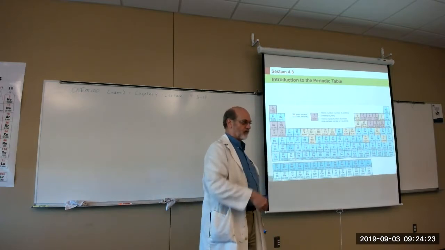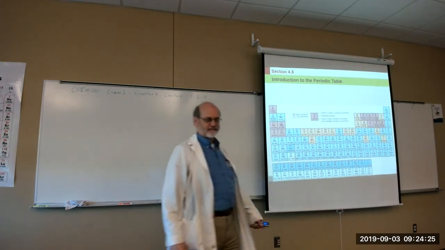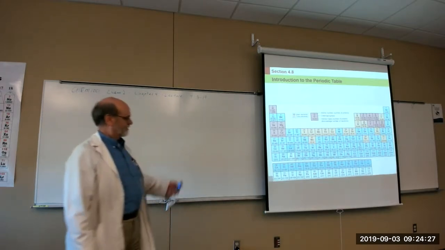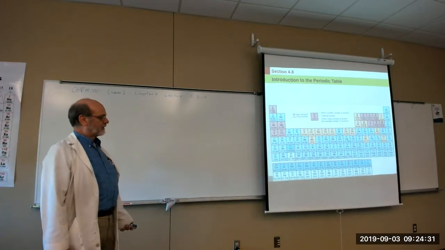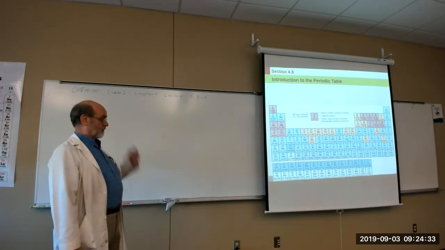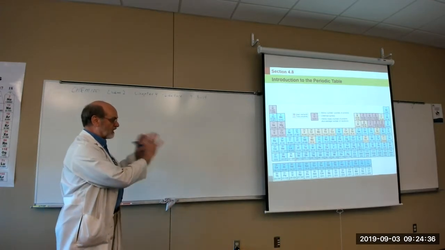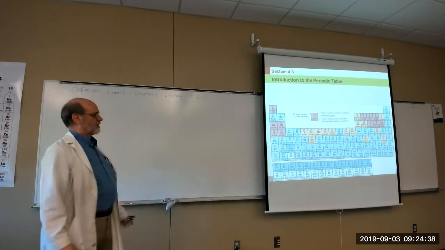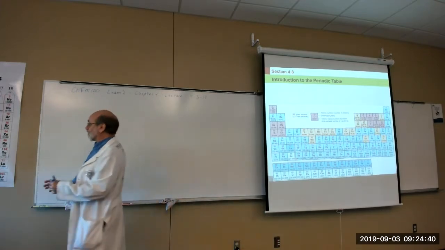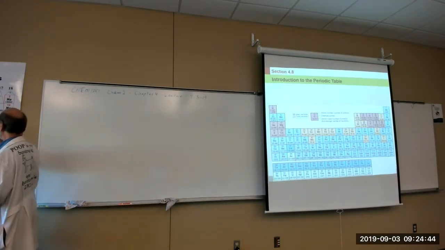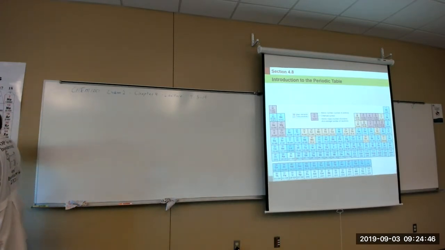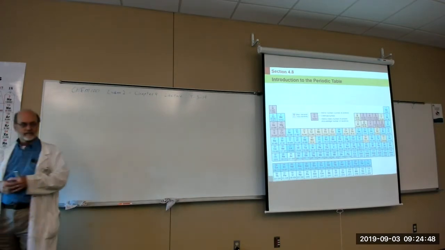So that's 114, un-quatrium. Don't give chemists credit for being too original sometimes. But now we have it laid out in this format. But the characteristics that Mendeleev came up with, where you group things together, that's still there.